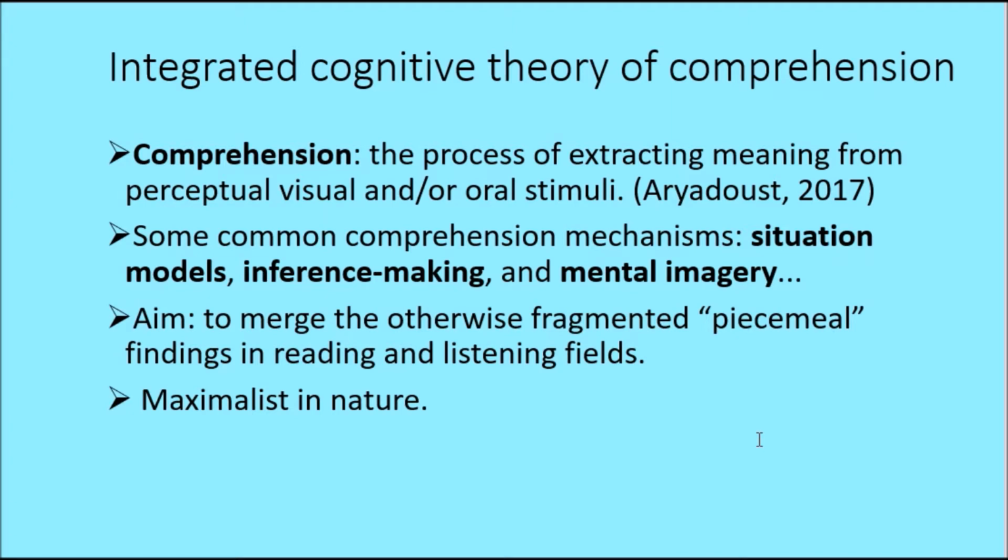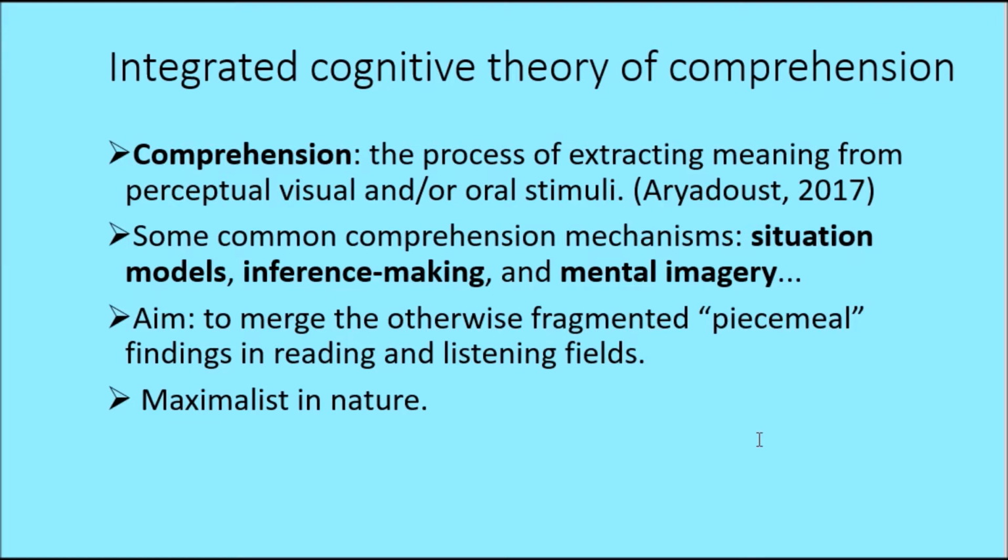Now, the aim of this model is to merge the otherwise fragmented or piecemeal findings in reading and listening research. The model is maximalist in nature. There are two types of models in comprehension: one is maximalist and the other is minimalist.